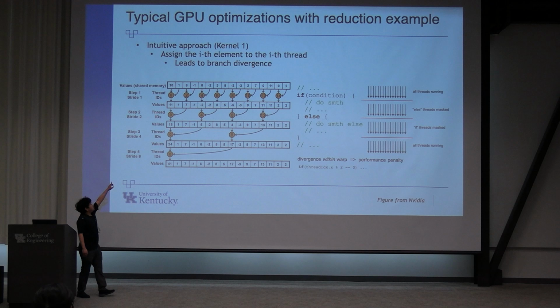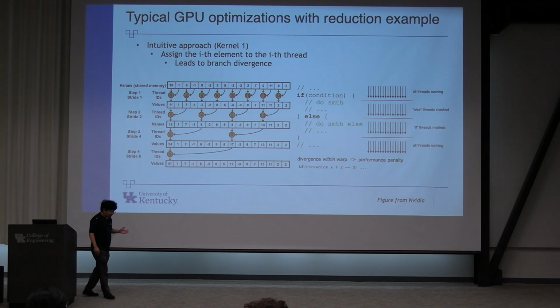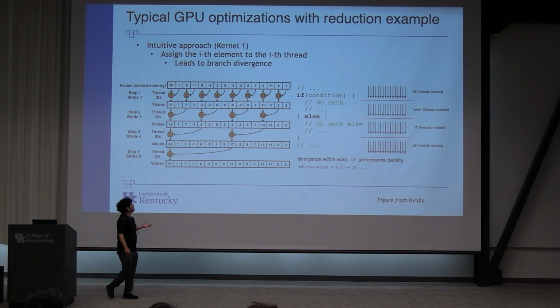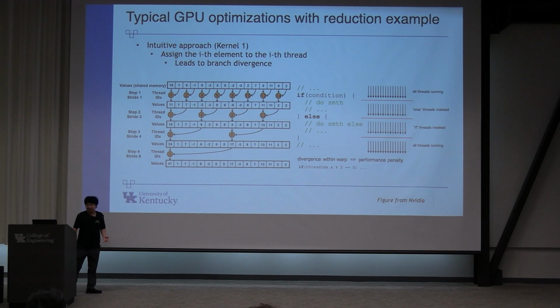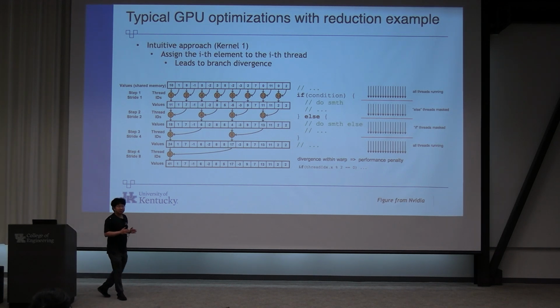Basically, in the first step, only the even-numbered threads can handle the data because the odd-numbered threads will do nothing. This will lead to a severe problem called branch divergence. This is related to what we mentioned about warp execution following the SIMD paradigm.